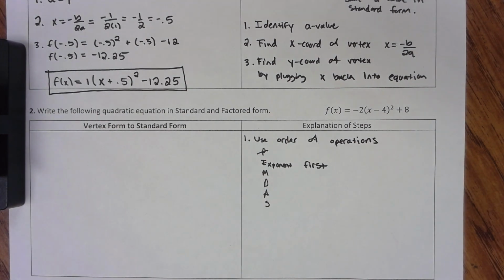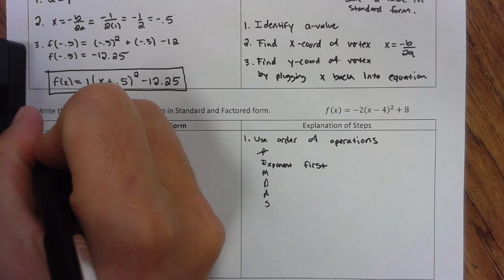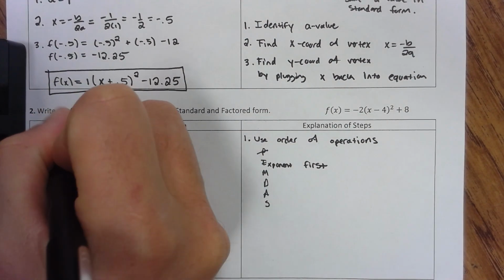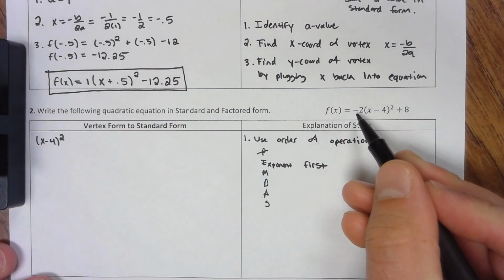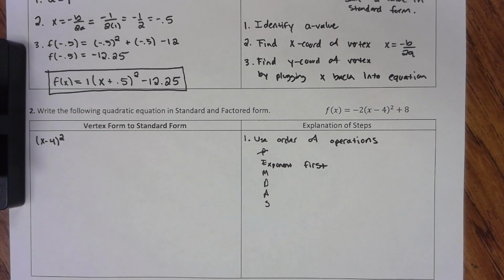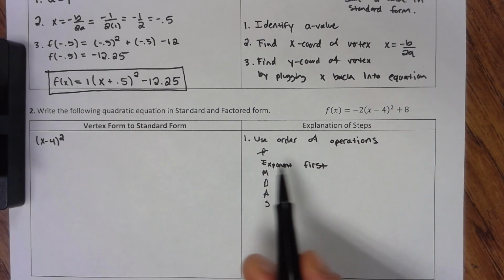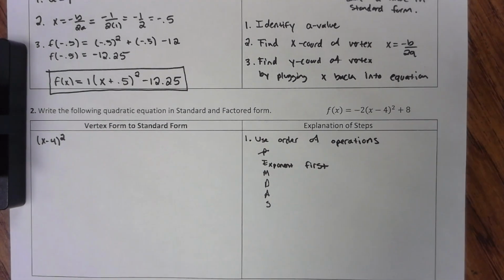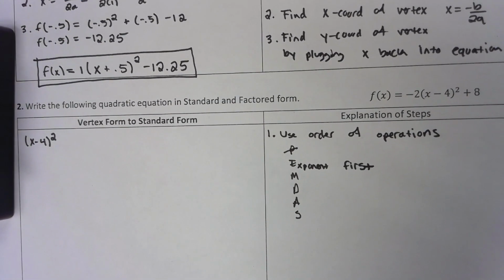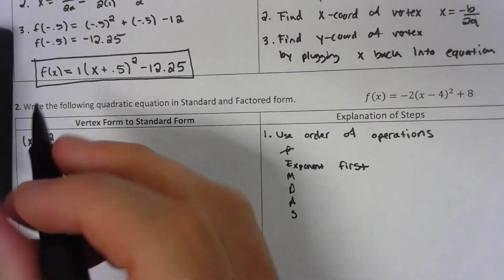We need to square that entire term. So I'm going to do some side math, meaning I'm going to ignore the negative 2 and the plus 8 for now, and only think about what this exponent simplifies to. So I'm going to figure out what x minus 4 squared is.